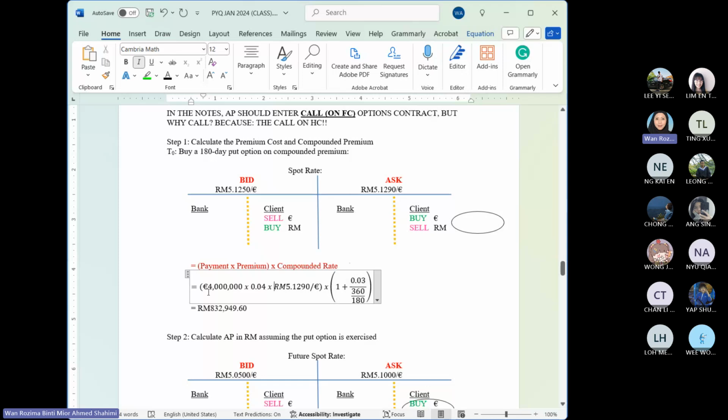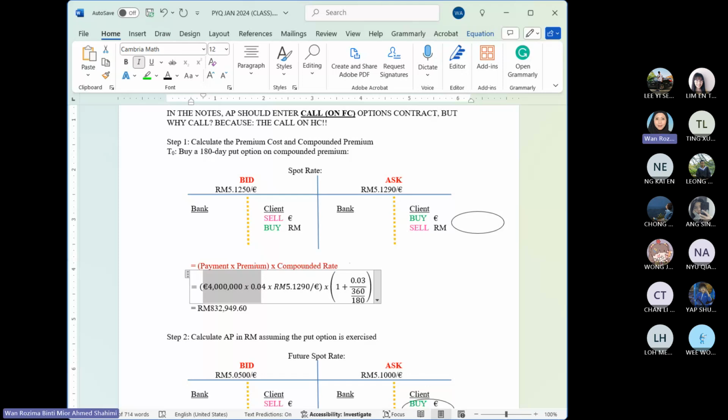Remember, since this one is in euro, and we are ringgit Malaysia, meaning to say that you have to sell ringgit in order to pay the premium today. Even though whether you exercise or not in the future, you have to pay today, and the payment should be in euro.